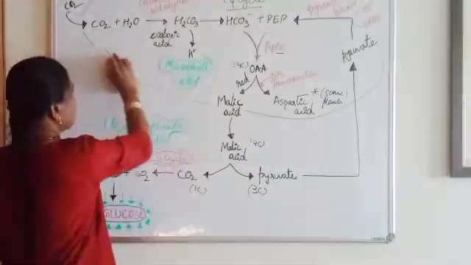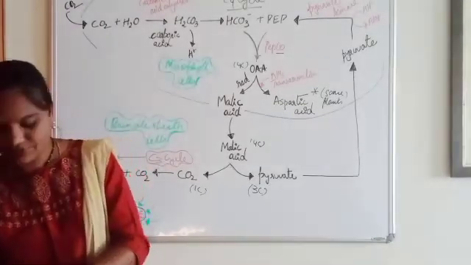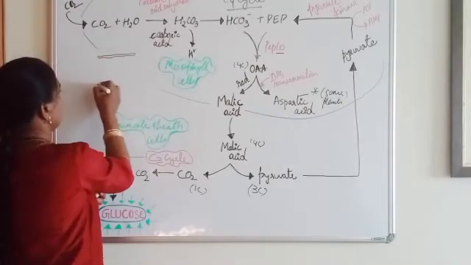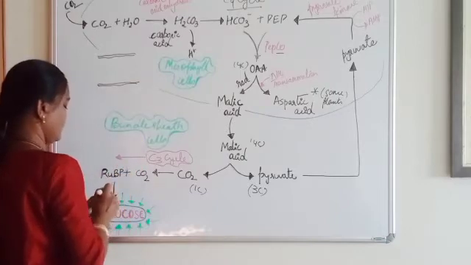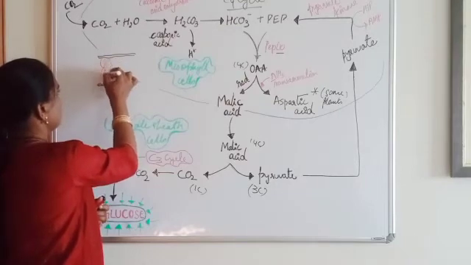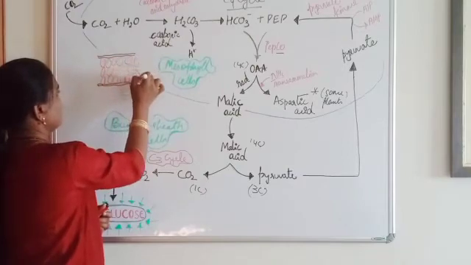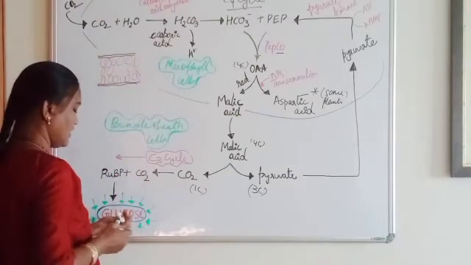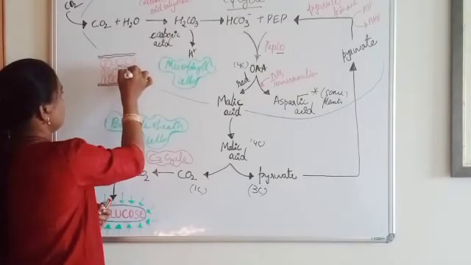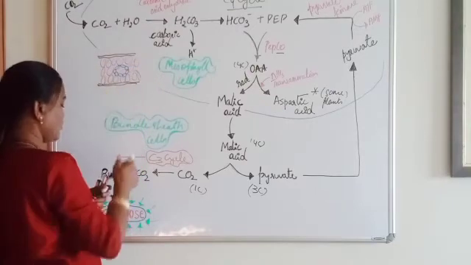In the previous session we have already discussed this. So this is the epidermis of your leaf, and these are your mesophyll cells. These mesophyll cells are covering your bundle sheath cells in a Kranz anatomy. This is the wreath-like condition.